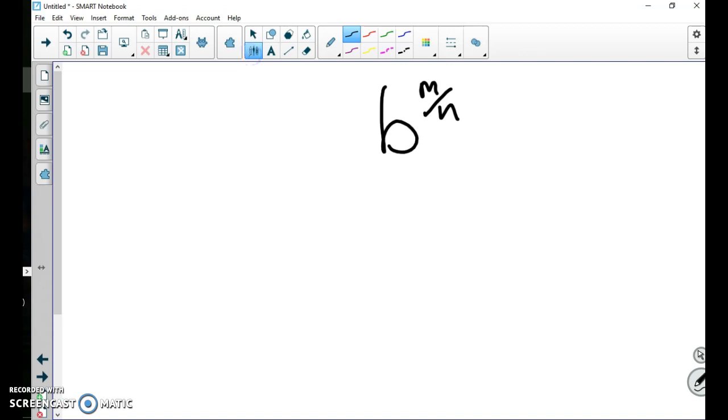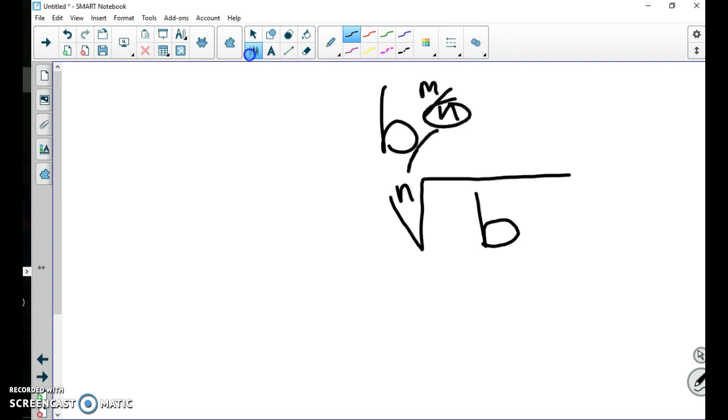That base again goes under our radical. We're taking the root of b. The n, the lower number, is always our index. What root do we want? How many factors, if you will, of this base do we want? And the power m goes where the power did before.